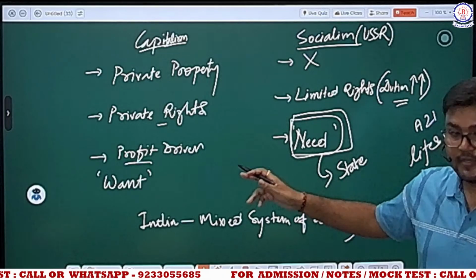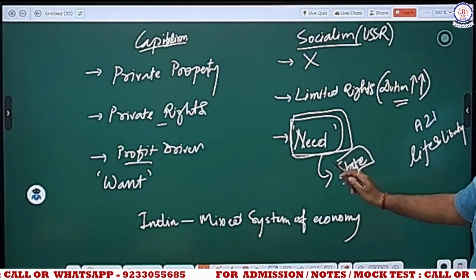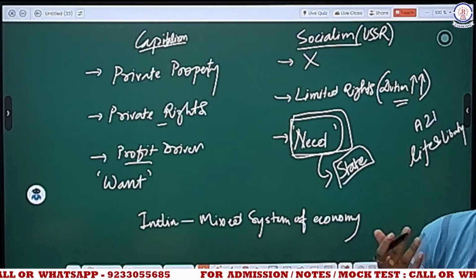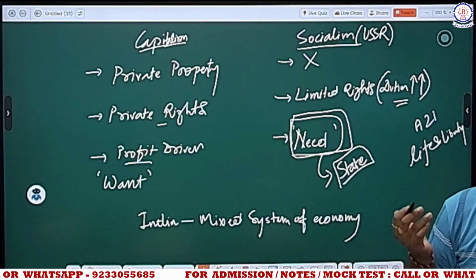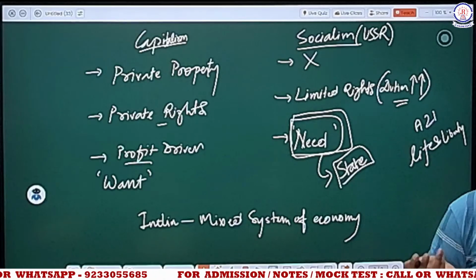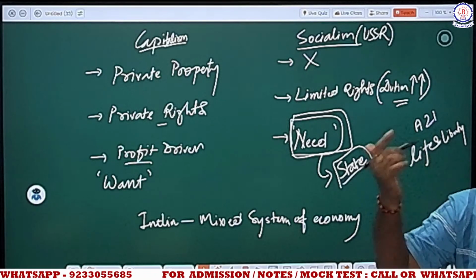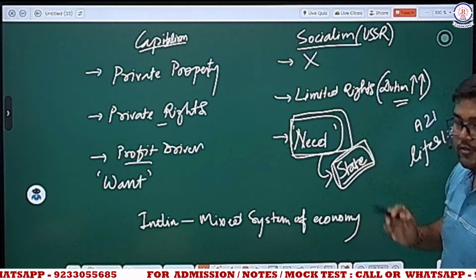This is demand driven, that is want driven, and that is need. Now what is need? Need will be decided by the state. For example, if I give an extreme example, there is a certain country where even hairstyle is decided by the head of the state. So this is a kind of need.